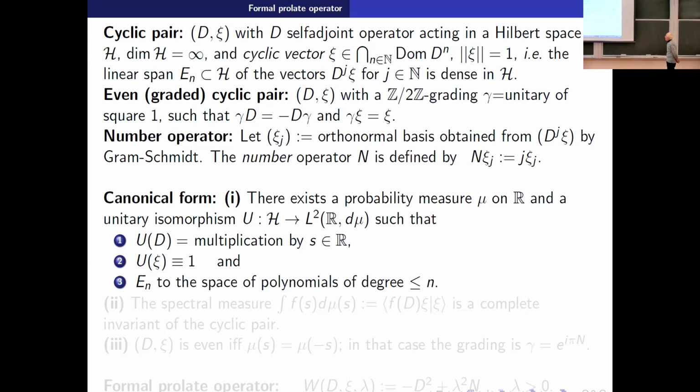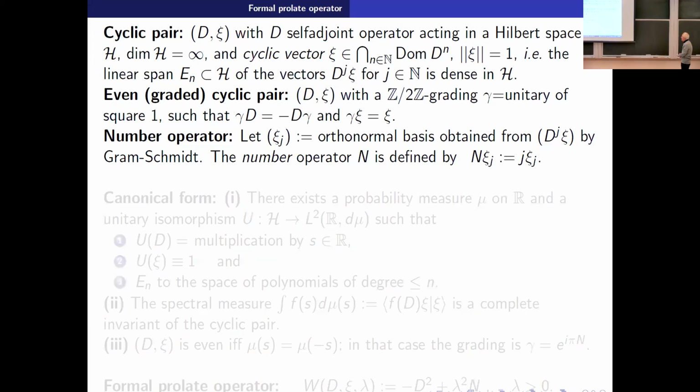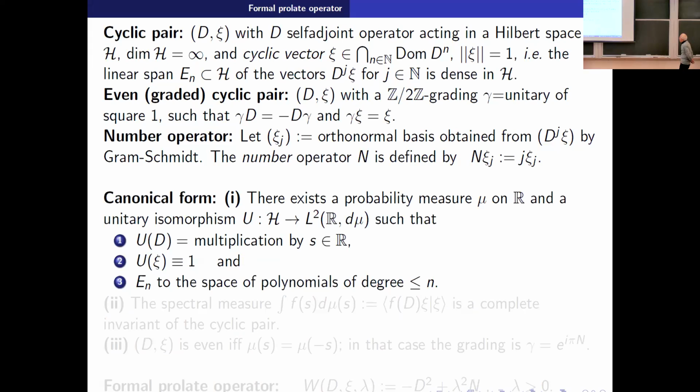Now, a cyclic pair, okay, it's an abstract notion, but in fact, it can be put in a canonical form, namely, there is a probability measure mu on the real line and a unitary isomorphism from the Hilbert space to the L2 space with respect to this probability measure, satisfying these three conditions.